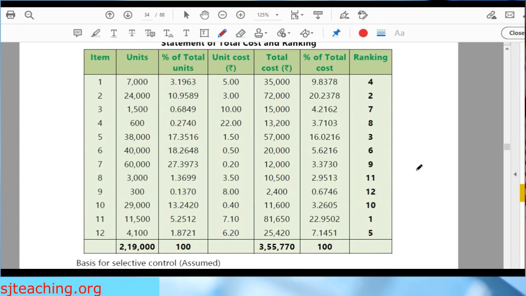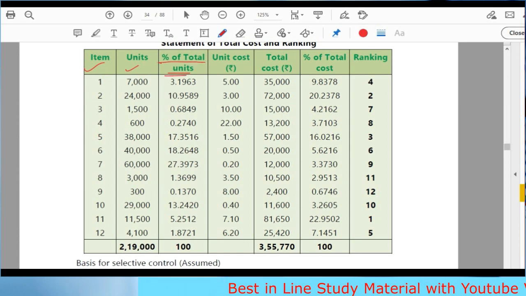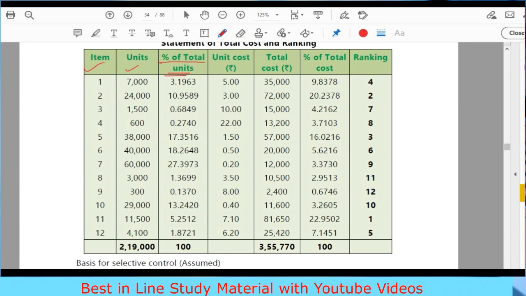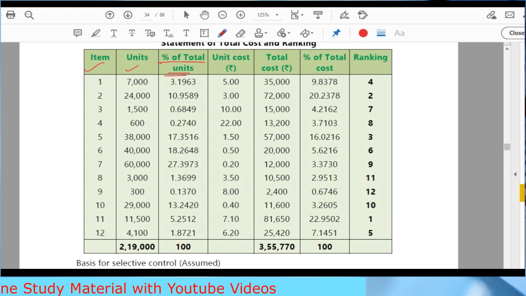Now I told you that in the ABC analysis, what you have to check is the value, right? So first we take the item, then the units, then the percentage of the total units. What is the quantity being held? How is it calculated? 7,000 divided by 2,19,000 will give you 3.1963, right?